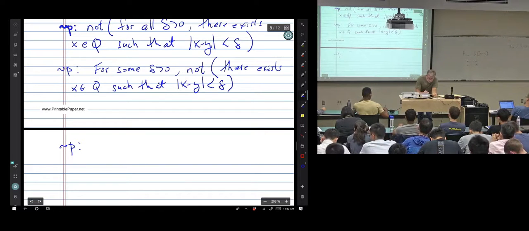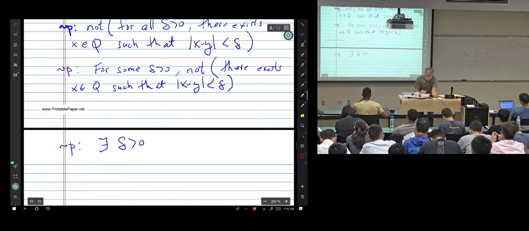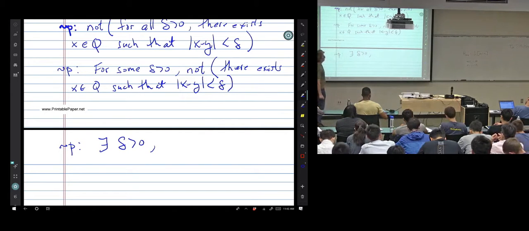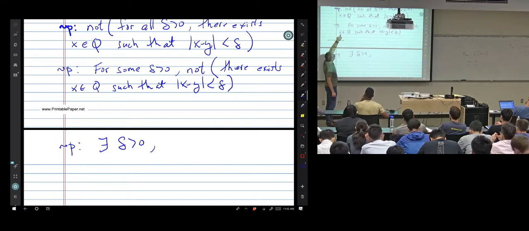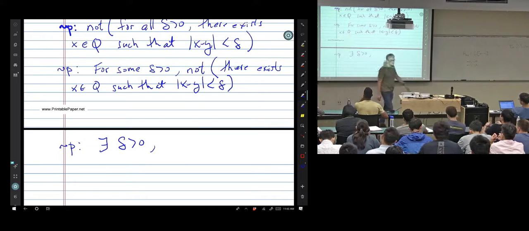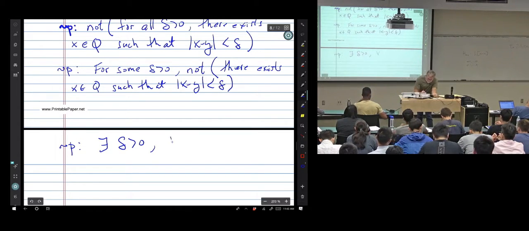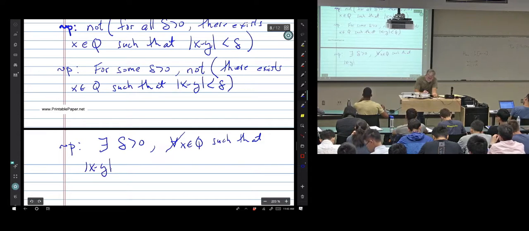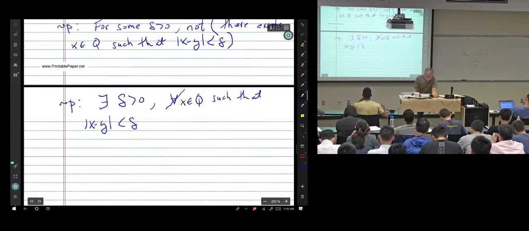So not P. For some delta greater than 0, not, there exists X in Q, so you could say there does not exist X in Q such that absolute value of X minus Y is less than delta.